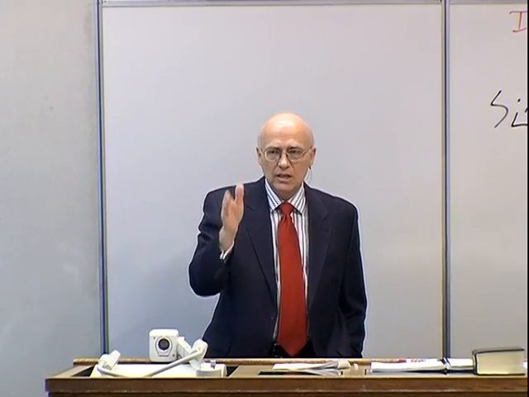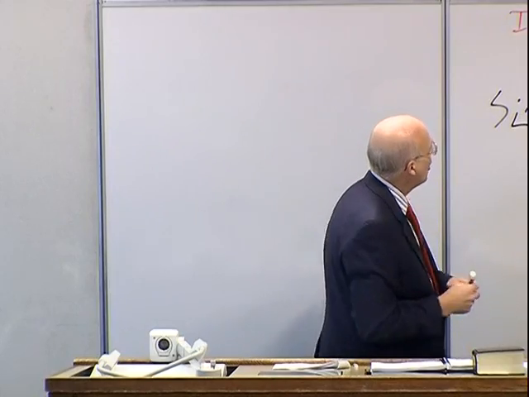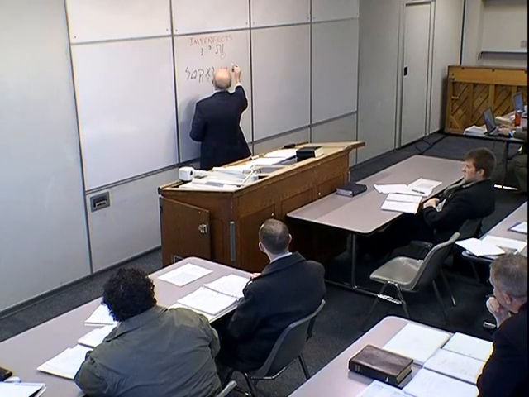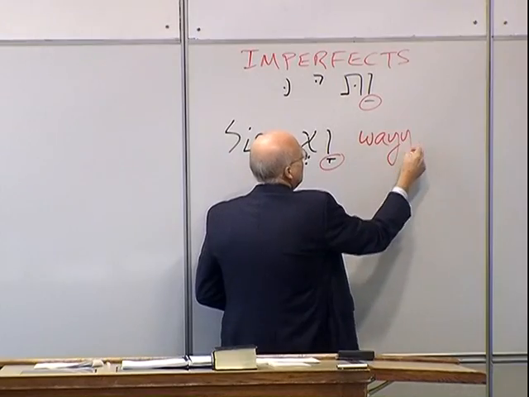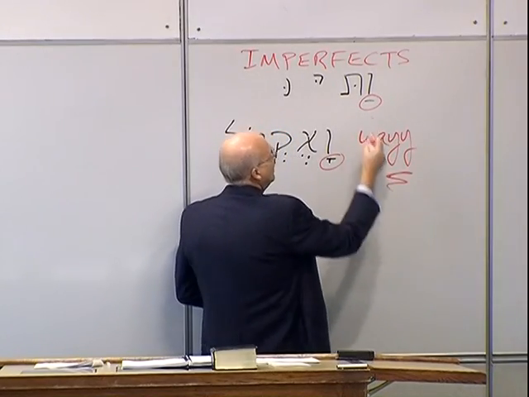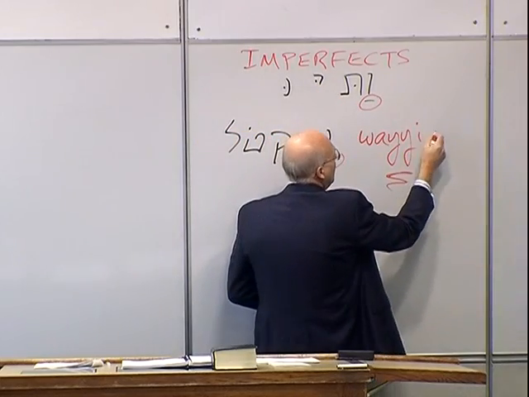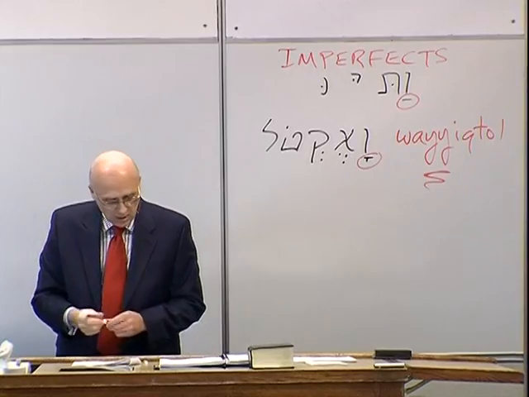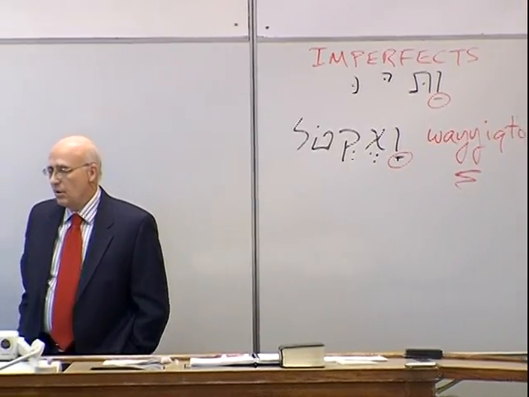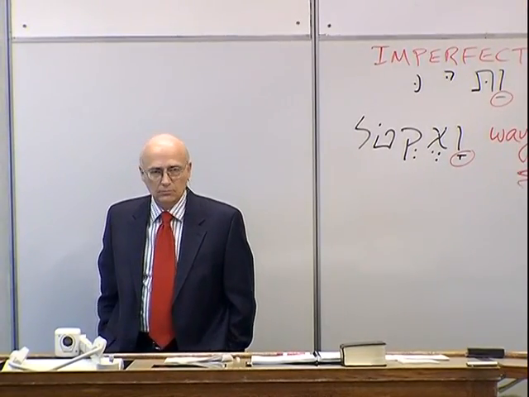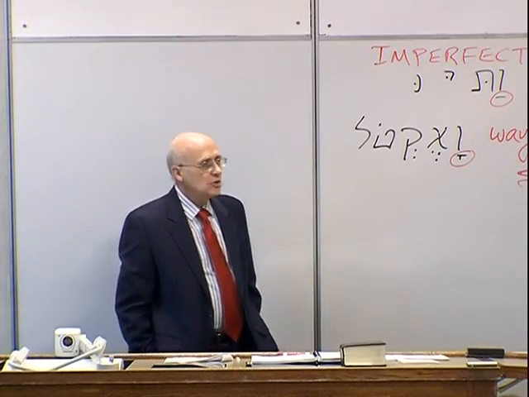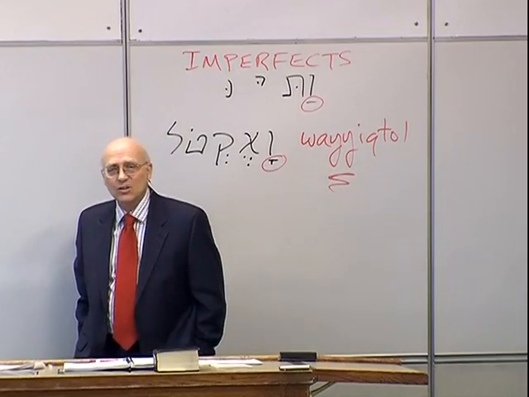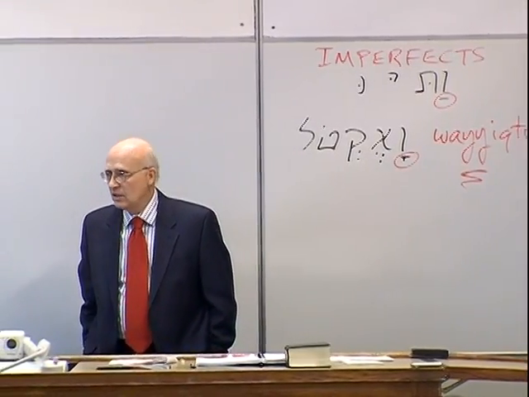But you know when you see these verb forms, and because of this waw, and because of the A-class vowel, and because of the doubling here of the prefix letter, we call them wayiqtol, or in the modern Hebrew pronunciation, vayiqtol. All right? So you'll hear these called waw consecutives, and you'll hear them called wayiqtols. We're referring to the exact same thing.